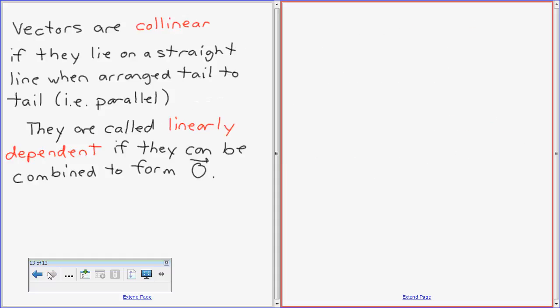Example 1 says, and I quote, we're good? Okay, example 1 says, I'm going to draw a parallelogram again, which I love.